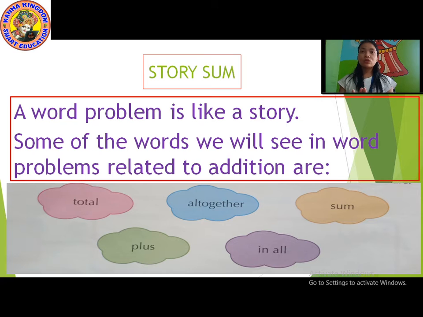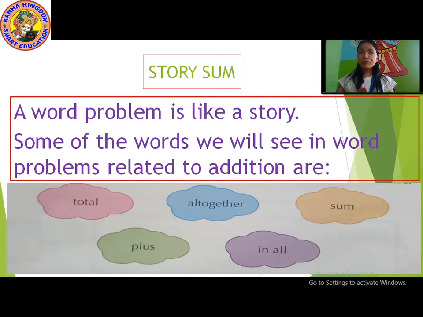So a story sum is like a word problem, and a word problem is like a story. First you have to understand that story. You have to read that story, and you have to understand what the story is asking you to find out.